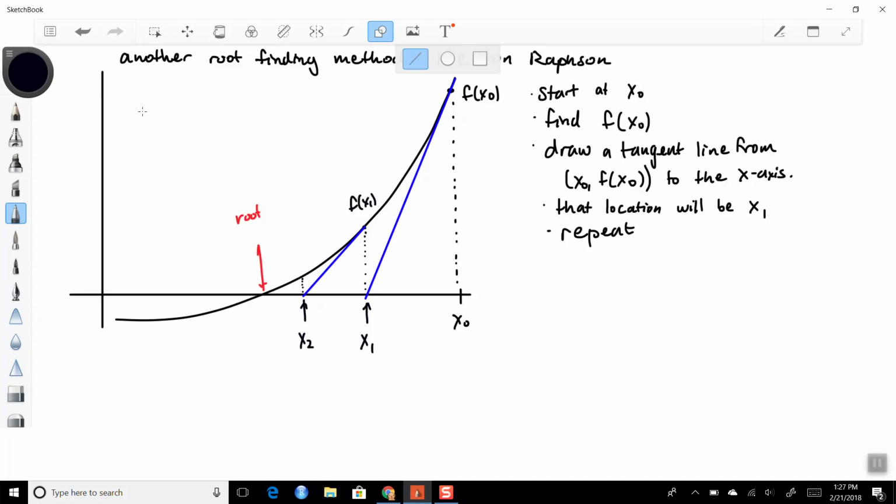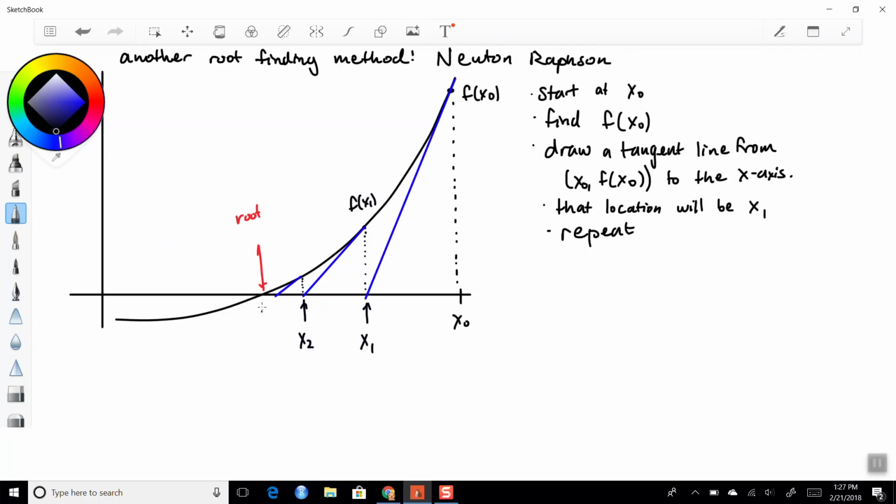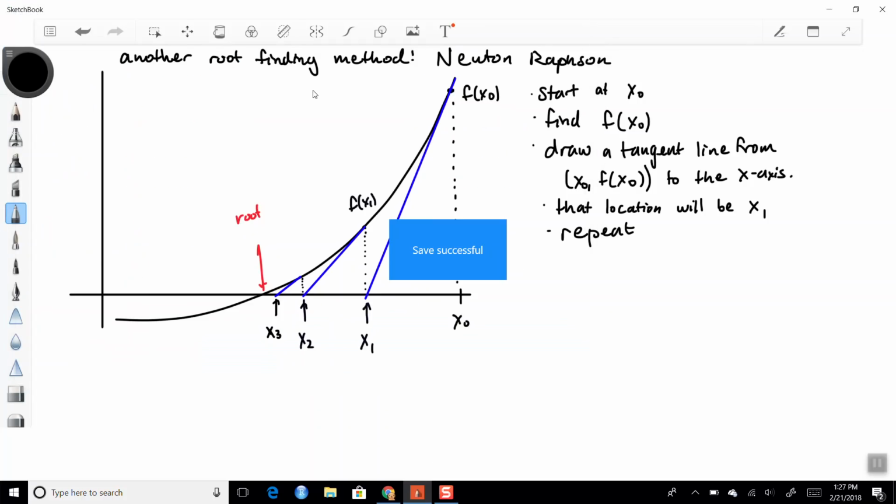We find the value, we draw a tangent line, and eventually this will close in on where the root is. So this is x sub 3, etc. All right, does that kind of make sense?